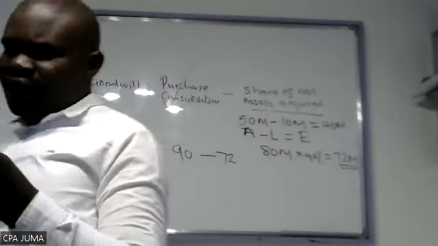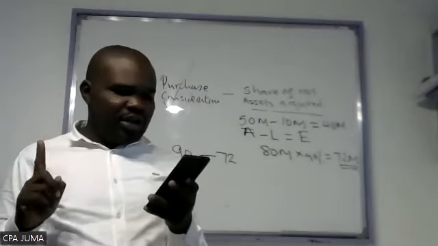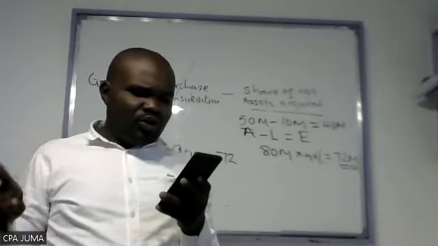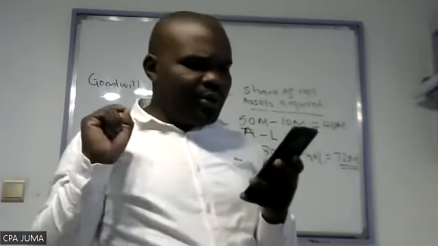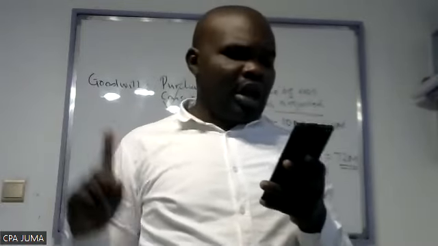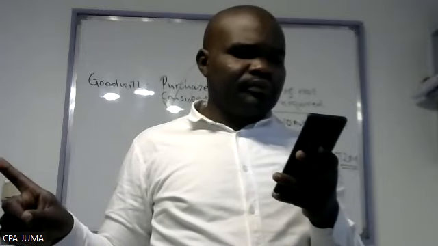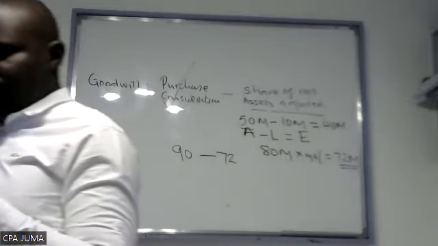So you are there. They said the group's policy is to measure the non-controlling interest at their proportionate share of net assets in the subsidiary at the date of acquisition. Take that, at the date of acquisition.